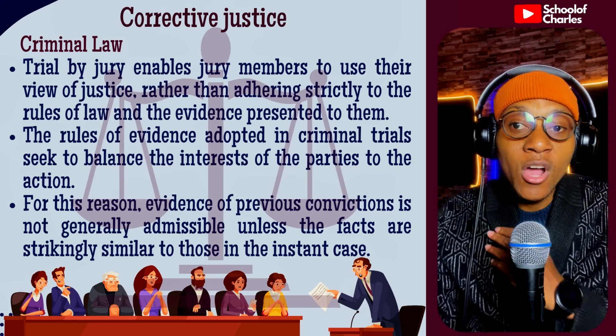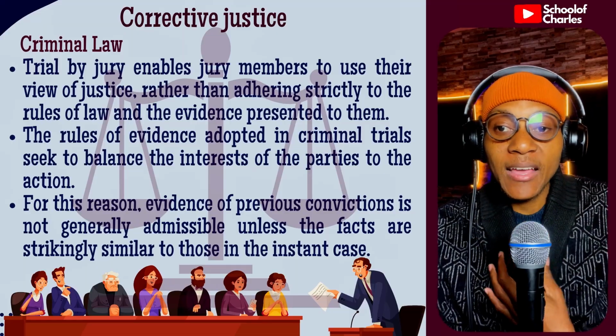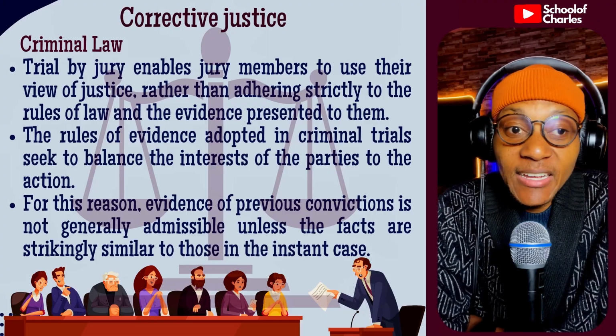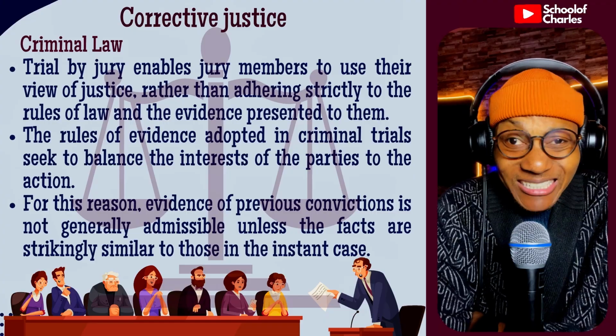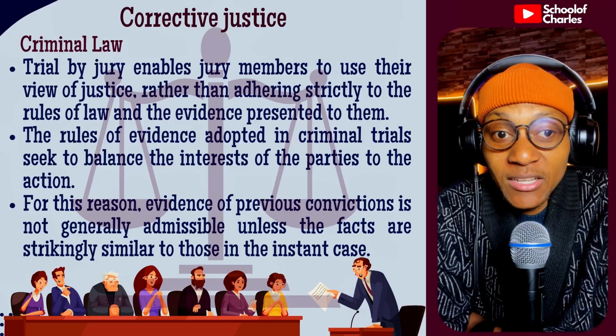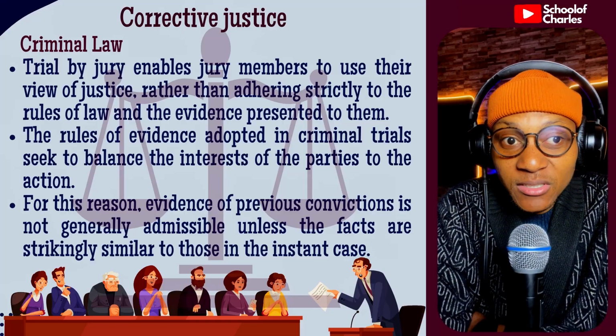A jury allows people to use their humanness to decide whether a person is guilty or not, and they don't have to adhere to strict rules of law. These are just normal people who are asked to judge whether a person is guilty or not guilty.